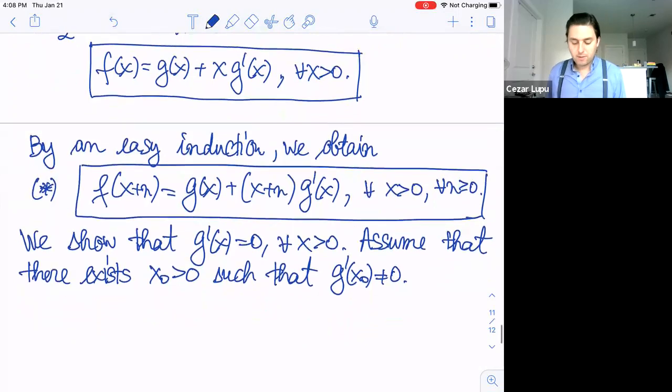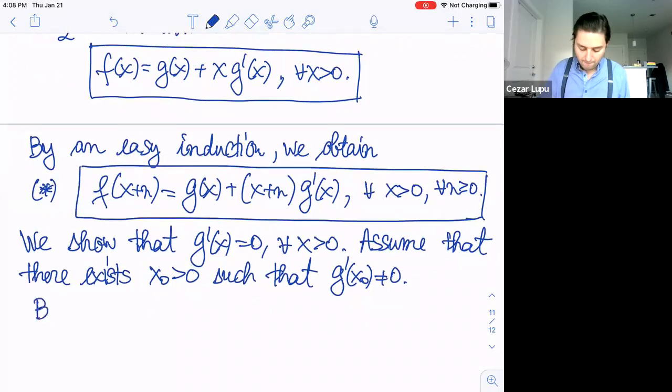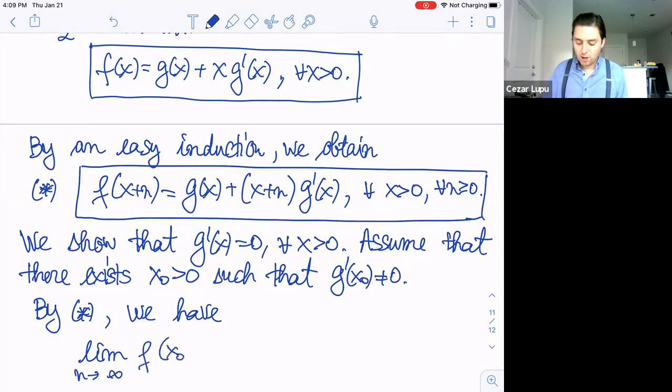All right, but by star, if we take the limit as n approaches infinity, we have that the limit as n approaches infinity of f of x naught plus n is nothing else than just infinity.